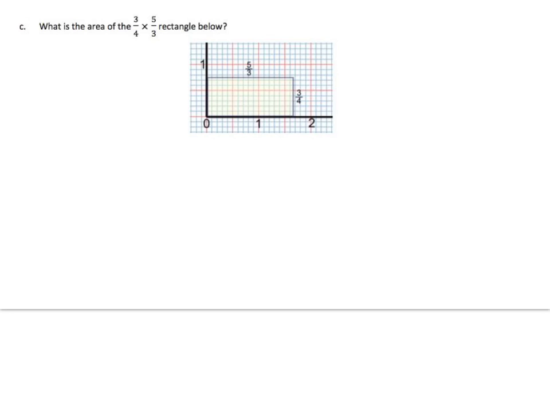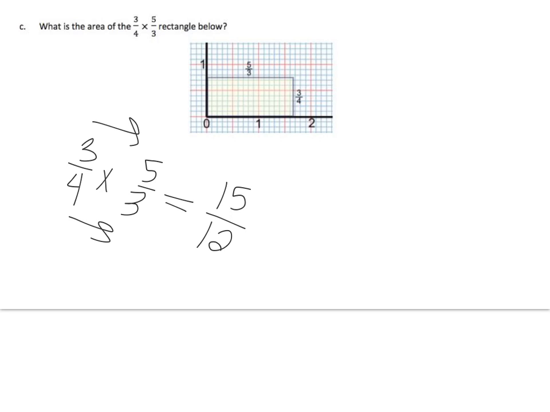To calculate this area, I would need 3/4 times 5/3. Remember, when I multiply fractions, I multiply straight across, so I have 15 over 12, which is 5 over 4 square units.